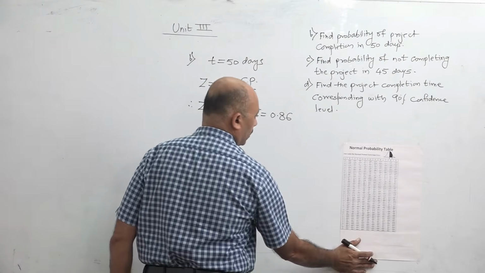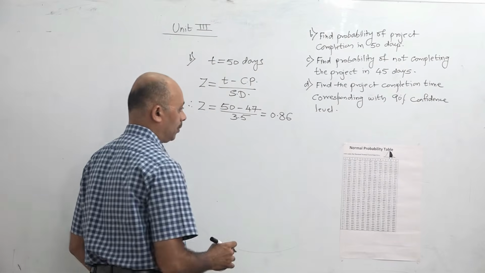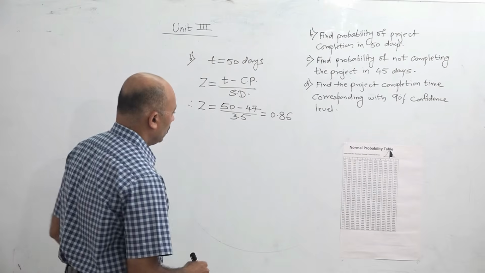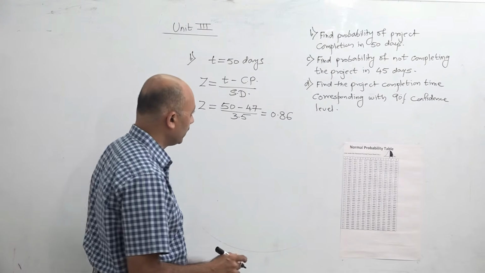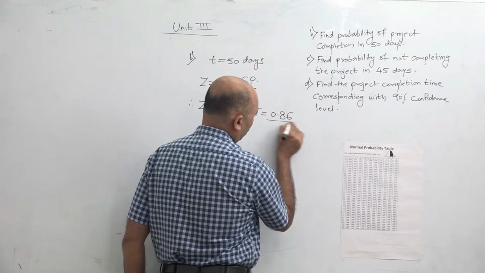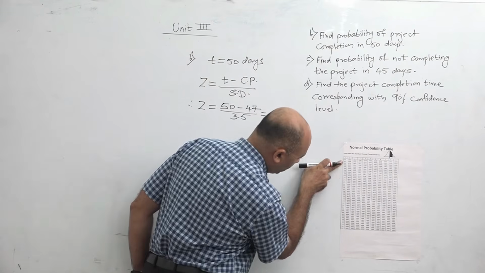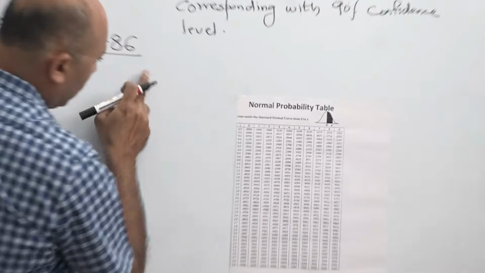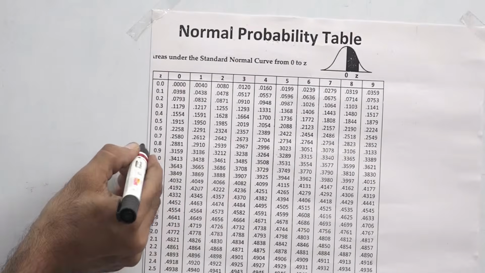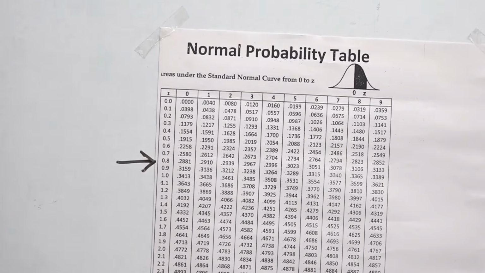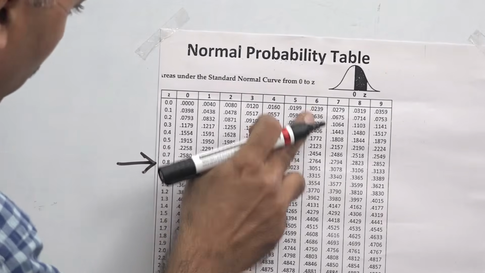Now we use this table. This is called a normal probability table that is provided in the question. We will use this table for finding the probability. So how to read the table? Now see, Z value is 0.86. The first column of the table is Z. So for 0.86, you come to 0.8, and the second decimal is 6, so now refer to the column of 6.